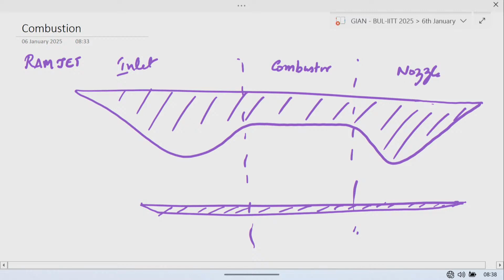In the inlet, because the vehicle is flying above Mach 1, probably in the range of Mach 3 to 5, we will be covering the shock waves.